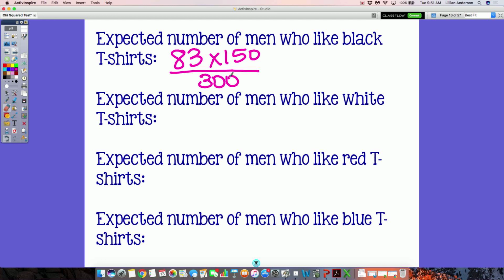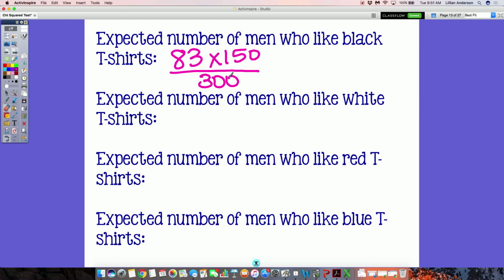Yes? Okay, that's confusing though, because if you use the total of all the black shirts, you get the same number for both male and female. Yes. But there's more males that like black shirts. Right, but we're not finding the probability of a guy liking a black shirt. We're finding the expected frequencies.